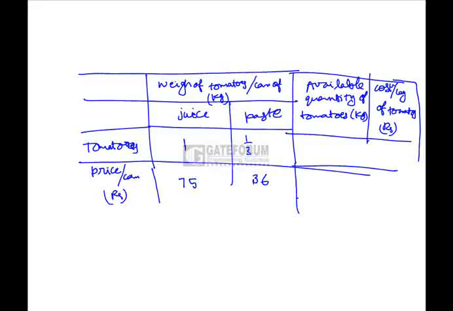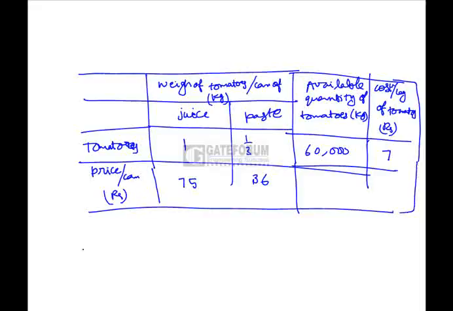And availability is nothing but the company has contracted to receive 60,000 kg tomatoes at 7 rupees per kg. So this is the given data, and here the LPP is nothing but the profit function.